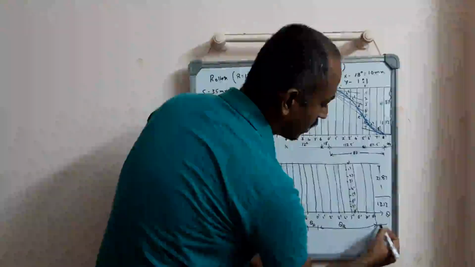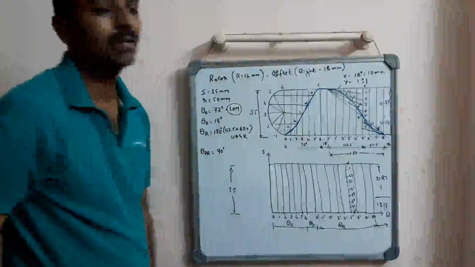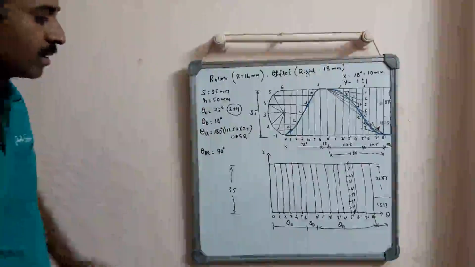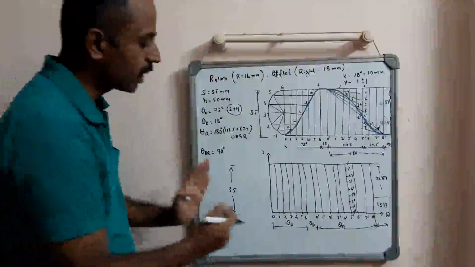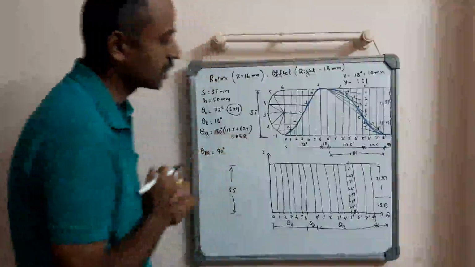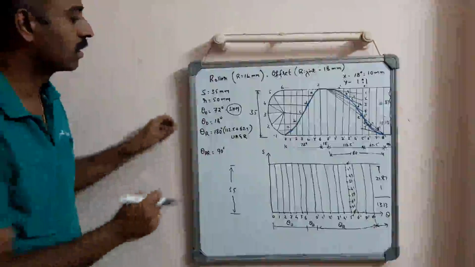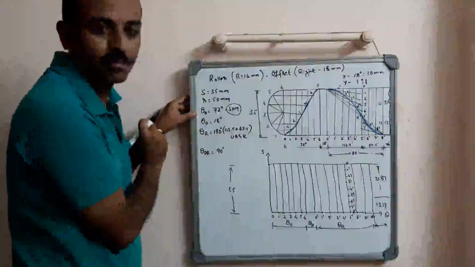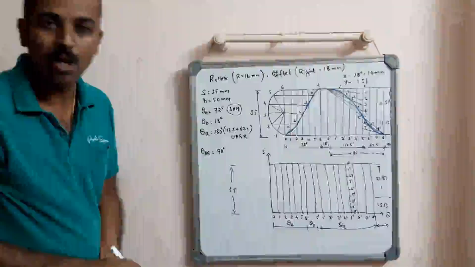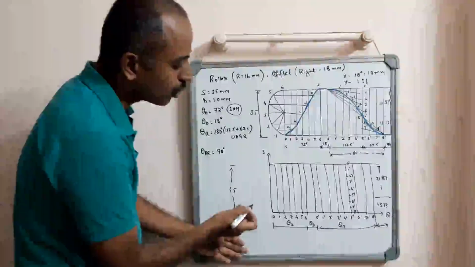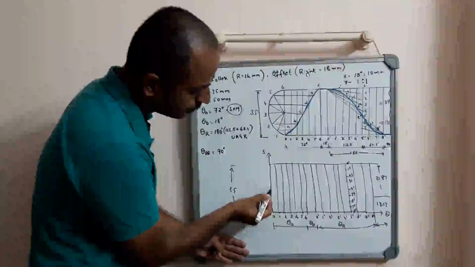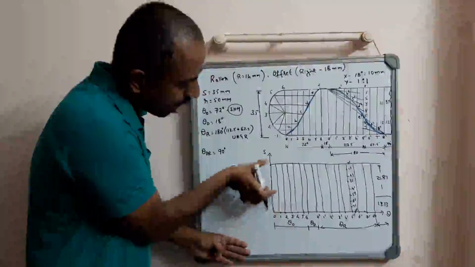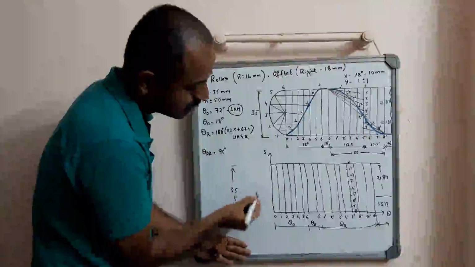And the remaining is the dwell period after the return stroke, which is equal to 90 degrees. Now coming to the outstroke region, we know that the motion of the follower is simple harmonic. For simple harmonic motion, we need to draw a semicircle of radius equal to half of the stroke length, which is 35 mm.